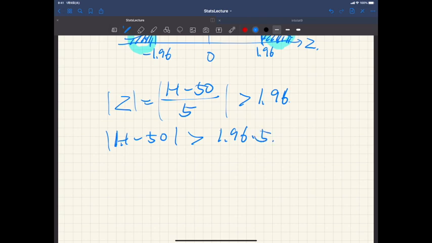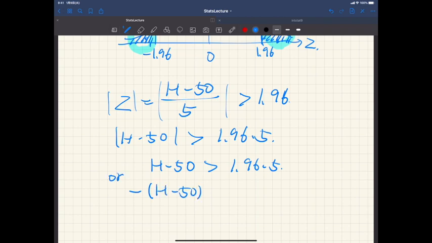If you remember the definition of the absolute value, this means h minus 50 is greater than this, or minus (h minus 50) is greater than this.